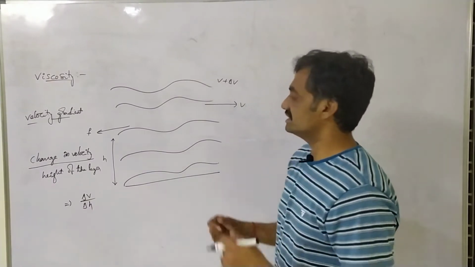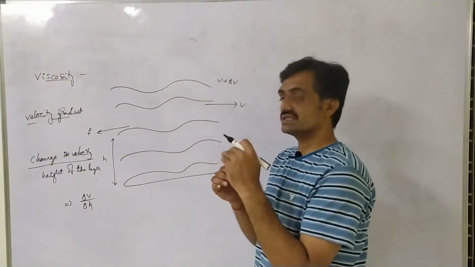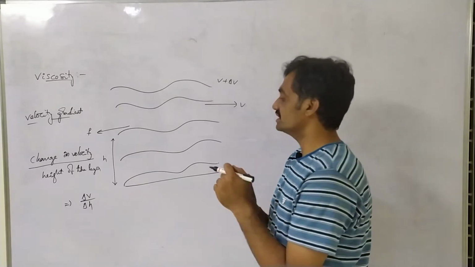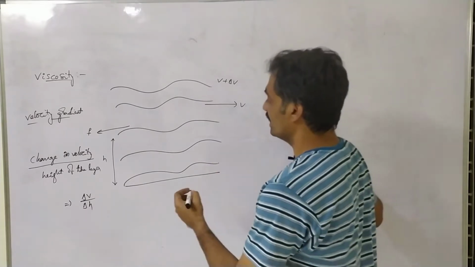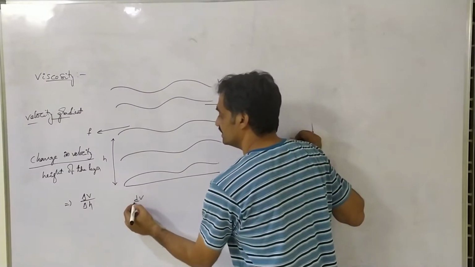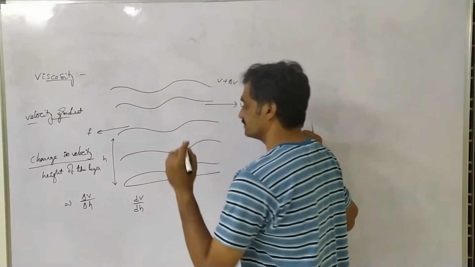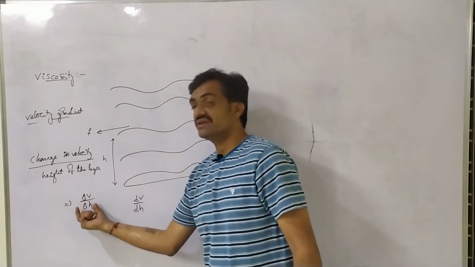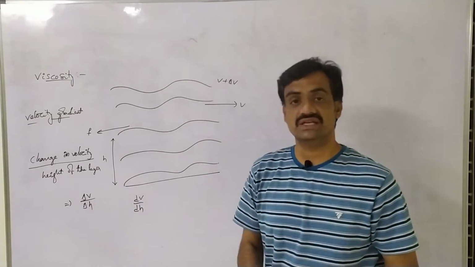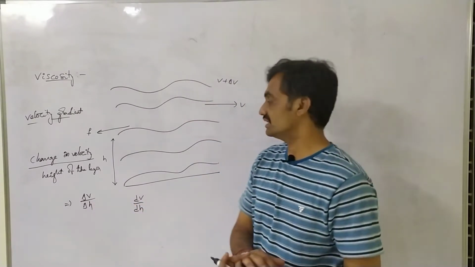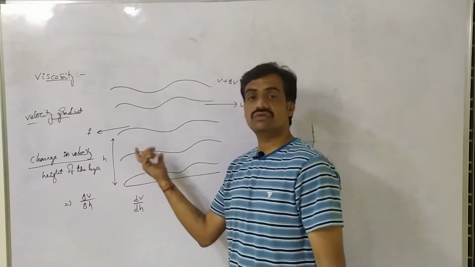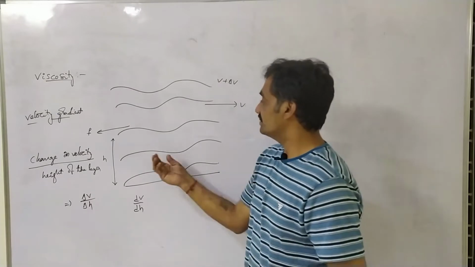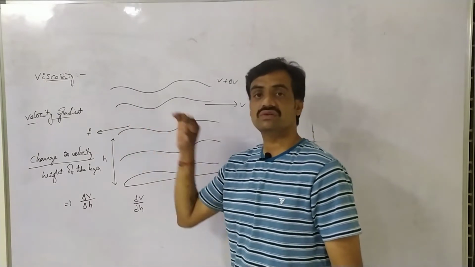If we consider the change to be negligible, meaning the instantaneous velocity gradient, then we can represent it as dv by dh. The formula delta v by delta h or dv by dh represents the velocity gradient. Suppose the velocity gradient for a fluid is 0, then the viscosity for the fluid is also 0.